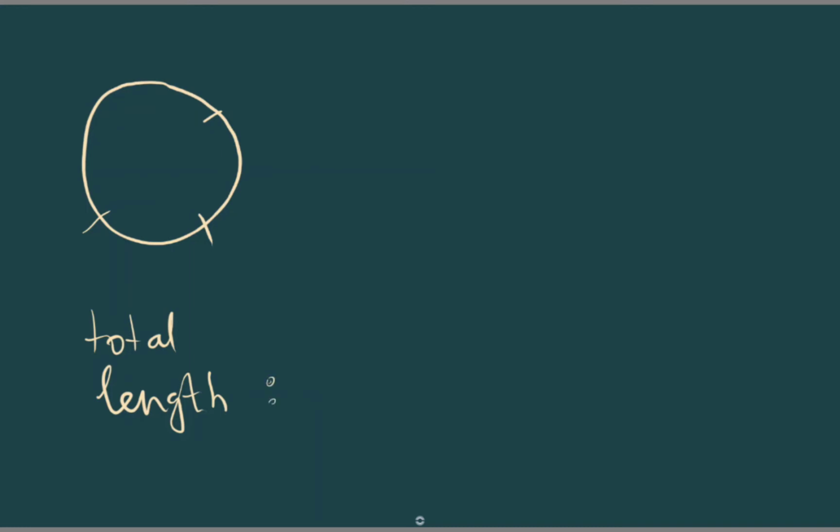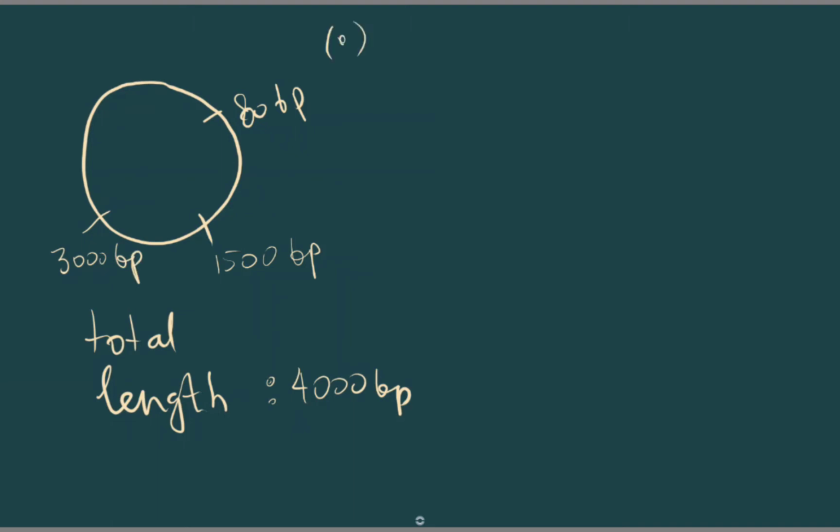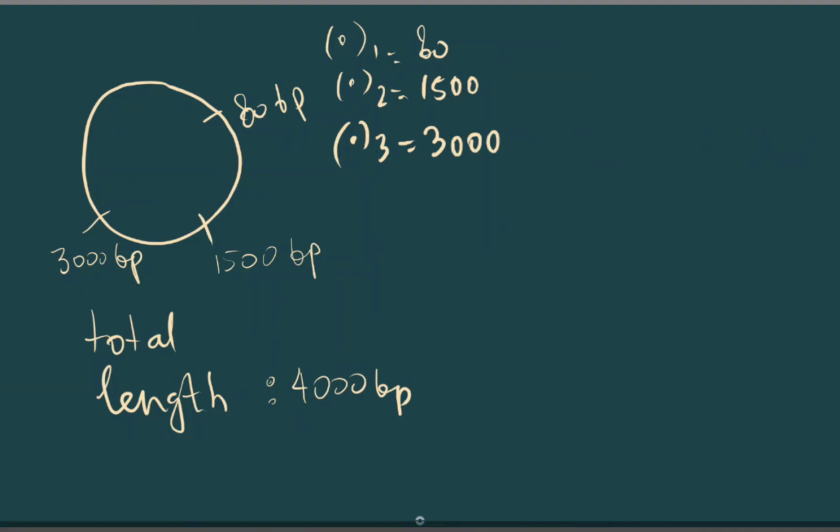The total length will be 4,000 base pairs, and the first restriction site will be 80, the second restriction site will be 1,500, and the third one will be 3,000 base pairs. One, two, three: 80, 1,500, and 3,000.